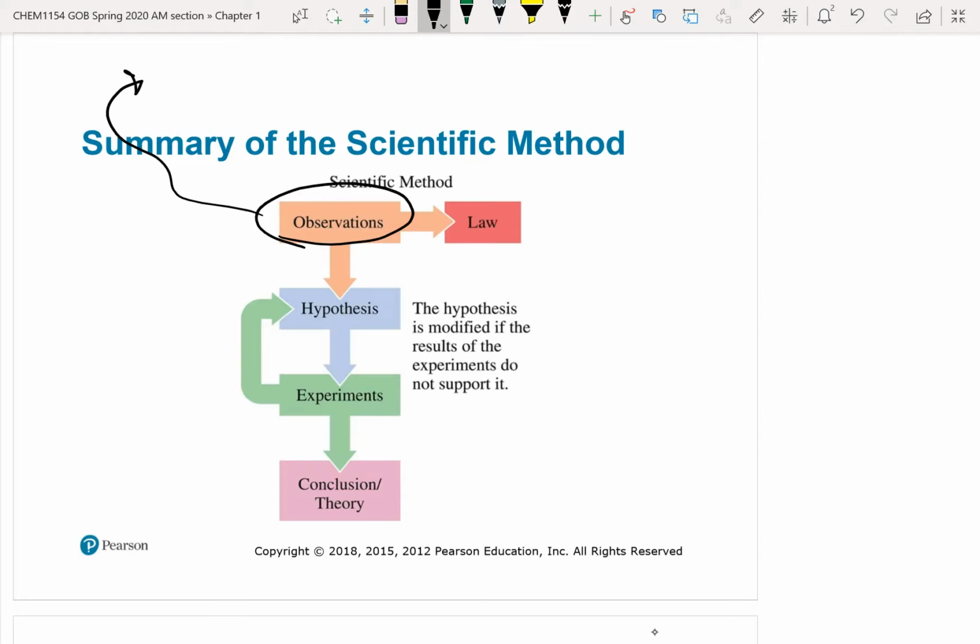All right, so something that you see, you feel, you hear, right? So observations can be varied in terms of what they are and how we report them. Making good observations is the important starting point here of the scientific method.